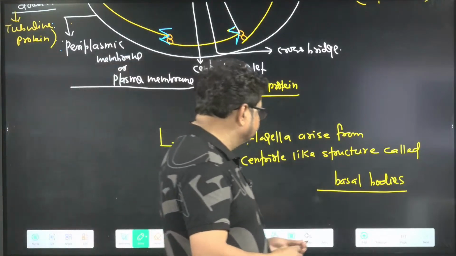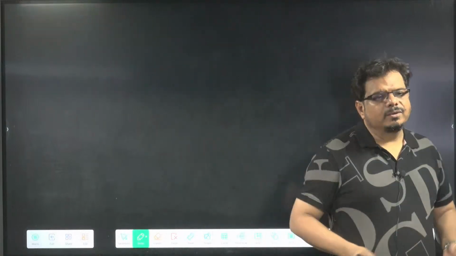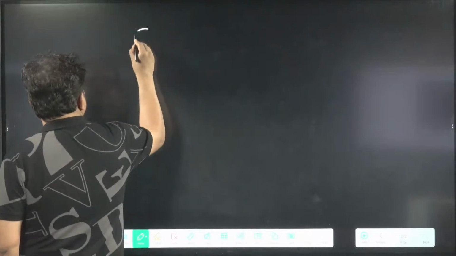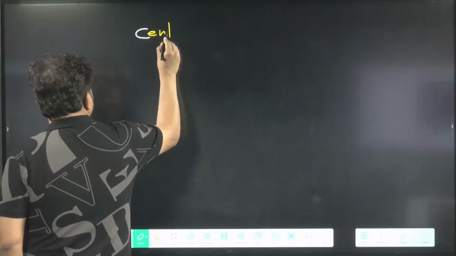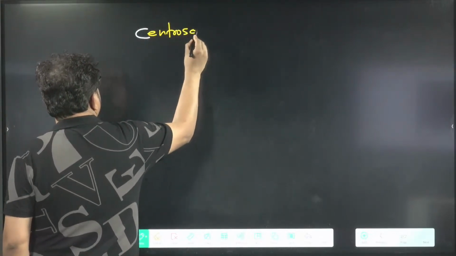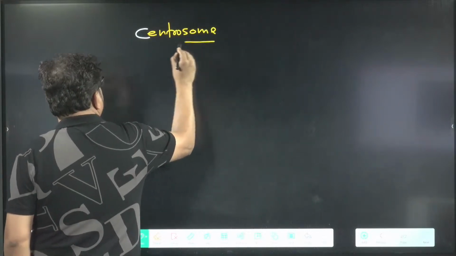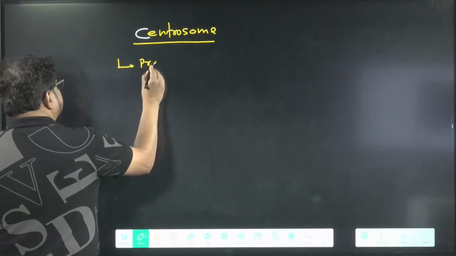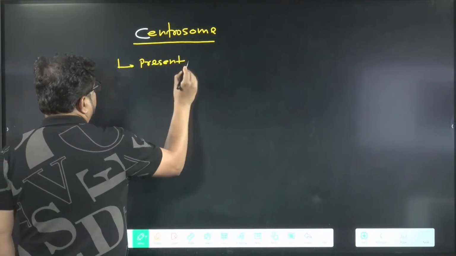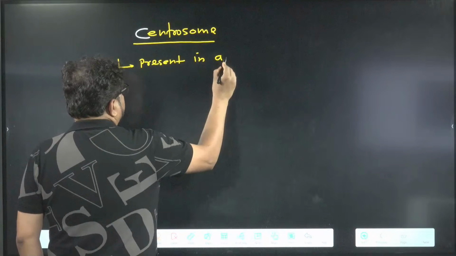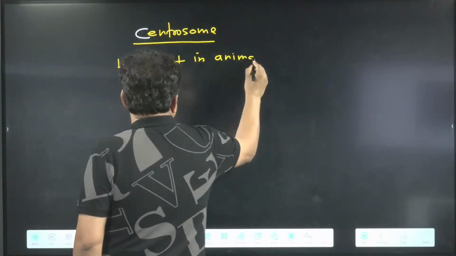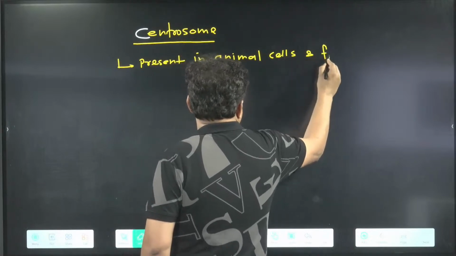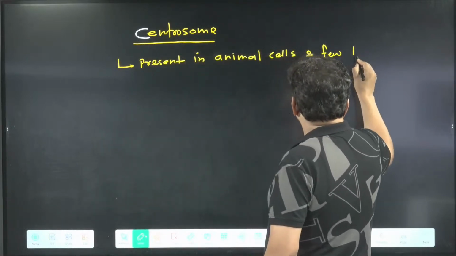Give your attention. Now we are going to deal with centrosome. So where is centrosome present? It is present in animal cell and few lower plants.